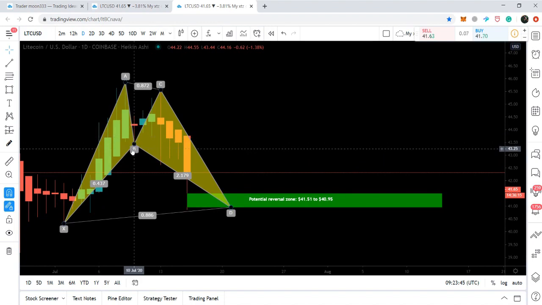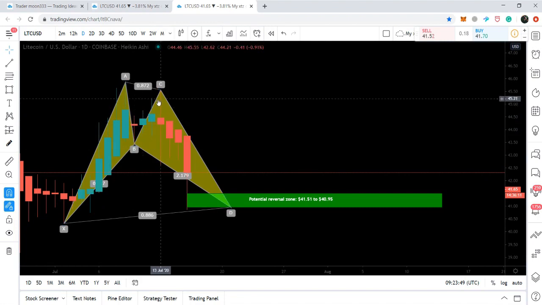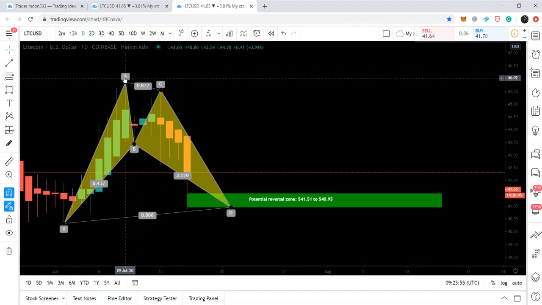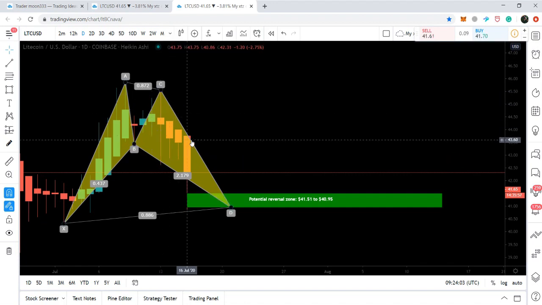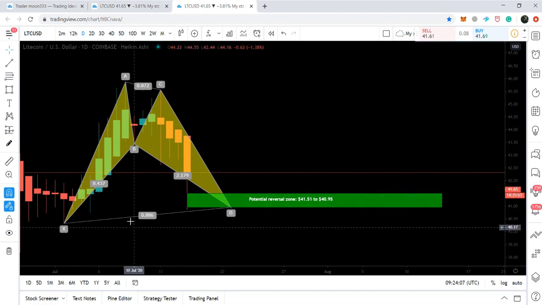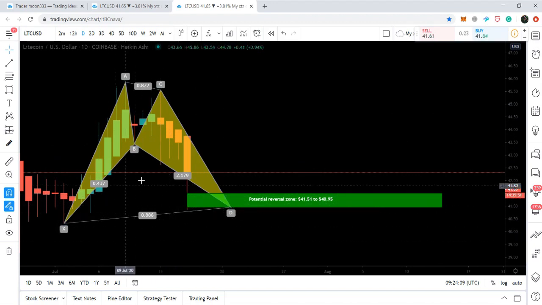This is the first confirmation for the bullish bat pattern, and then it is projected between 0.382 to 0.886 Fibonacci projection, and this is the projection of the A to B leg. So this is the second confirmation for the harmonic bullish bat pattern, and after that the final leg has been retraced between 0.382 to 0.886 Fibonacci retracement level.